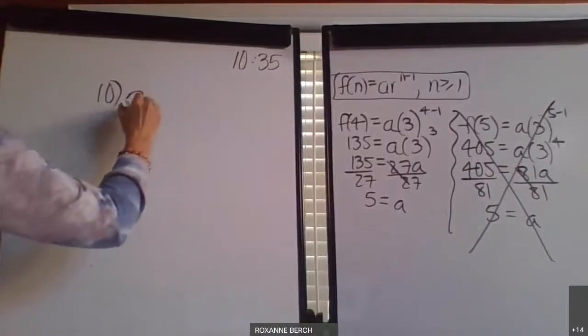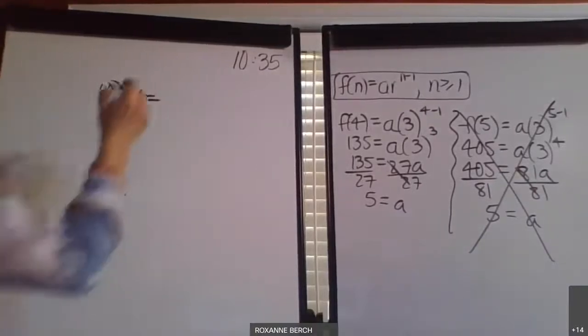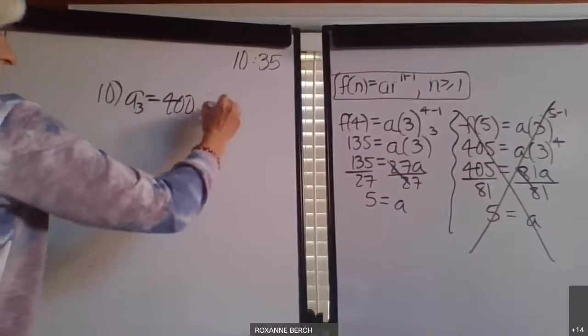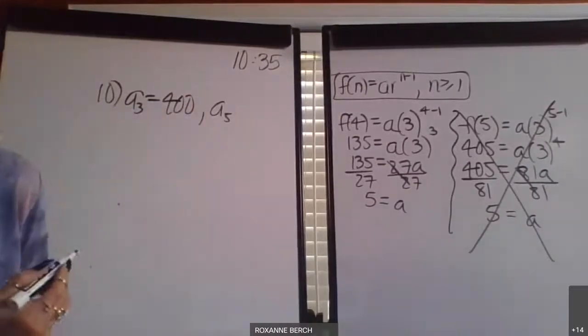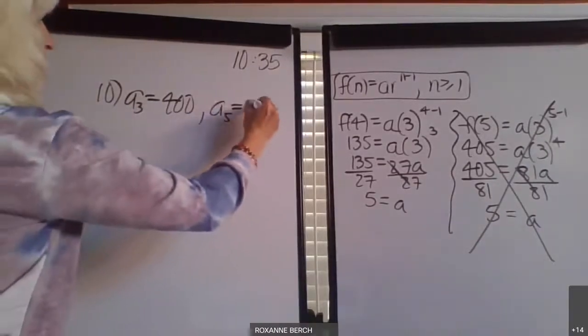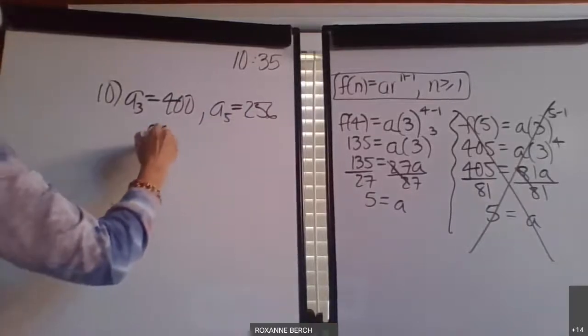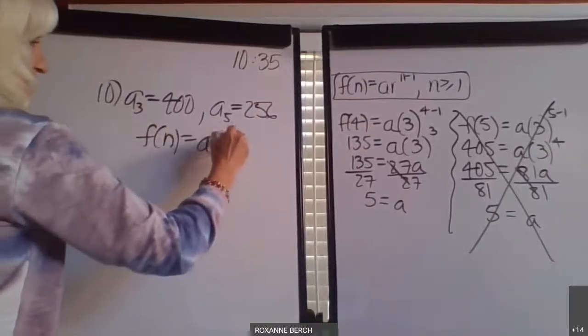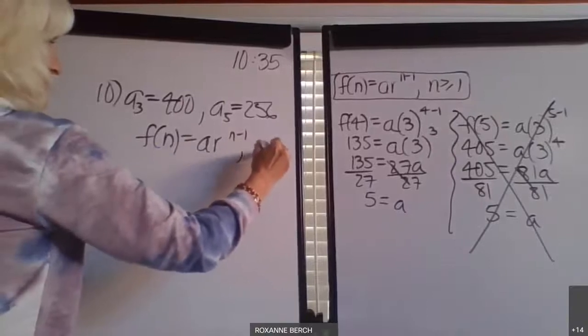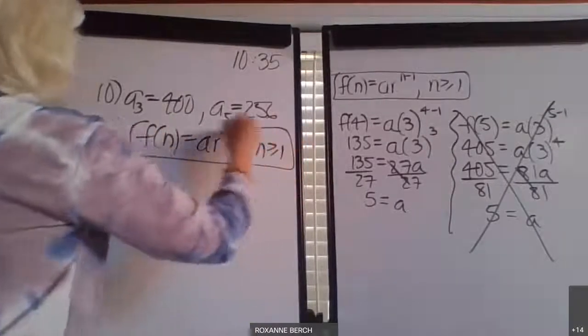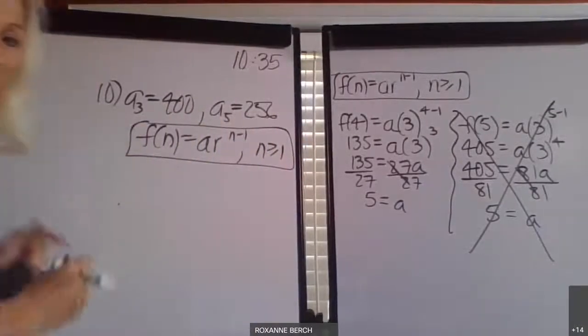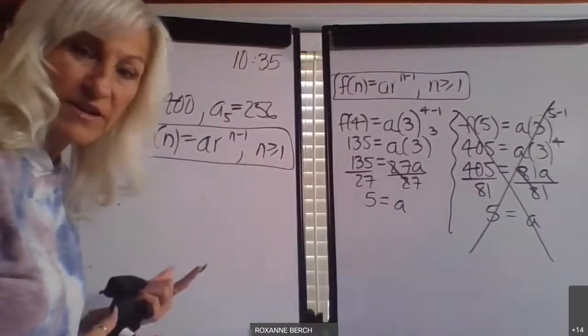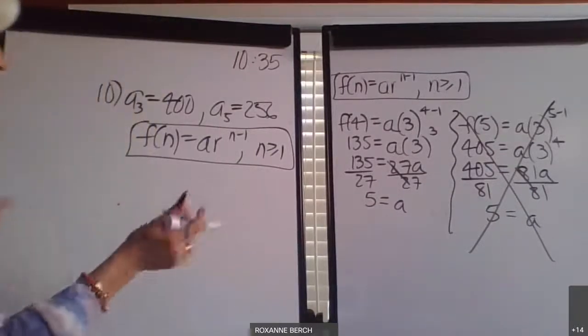So they're giving us the third term, which is 400, and they're giving us the fifth term, which is 256. So we're going to use this, but you're going to have to use substitution to do this. Watch.